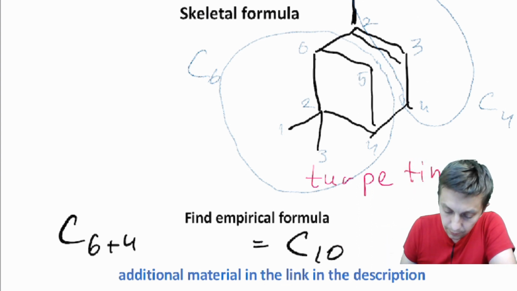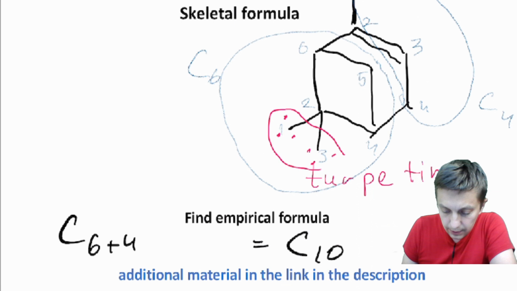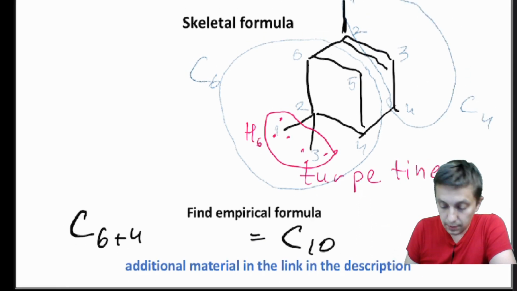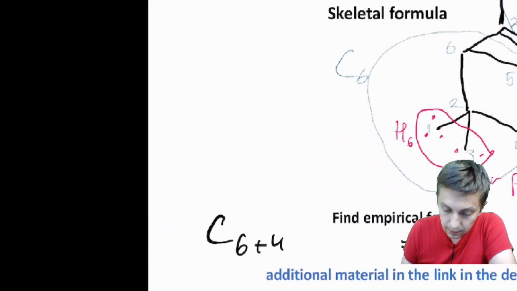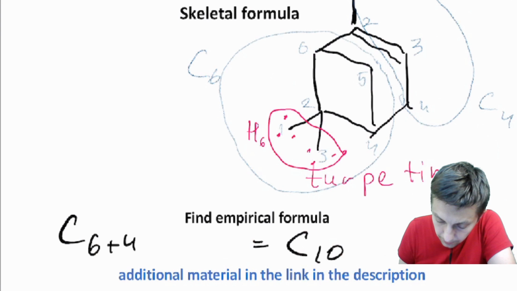For example, for hydrogen atoms, 1, 2, 3, 4, 5, 6. So it's an H6 fragment. Another: 1, 2, 3, 4.